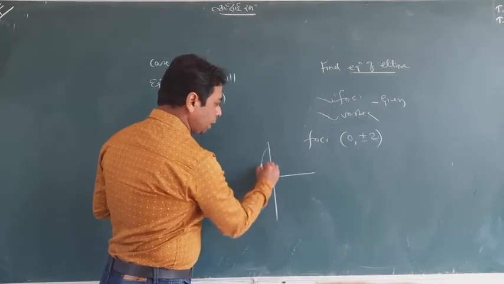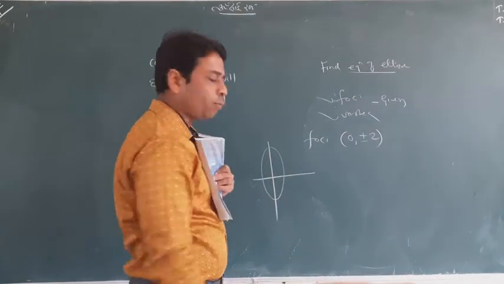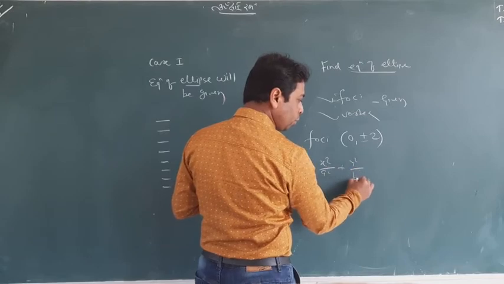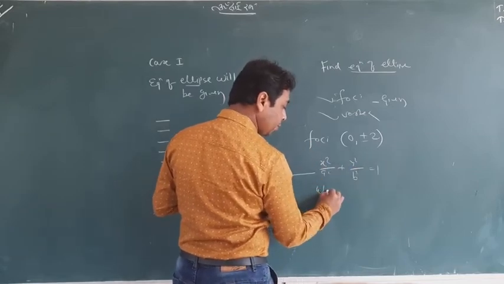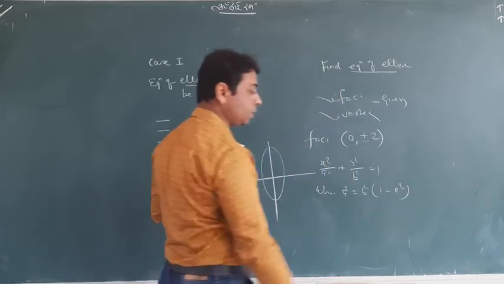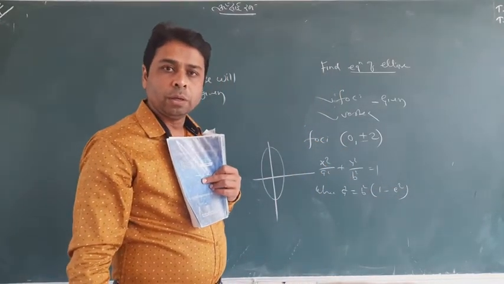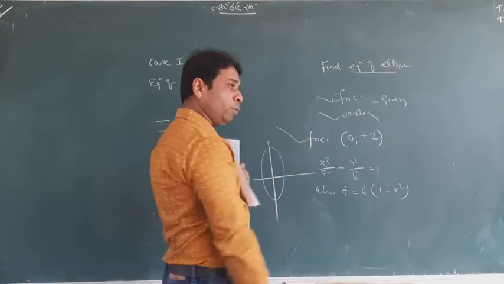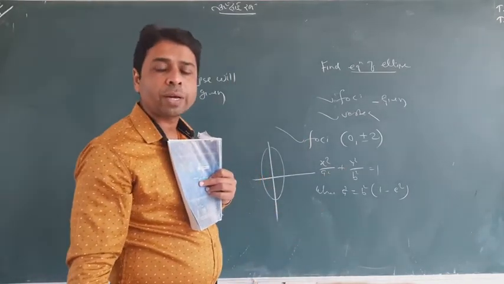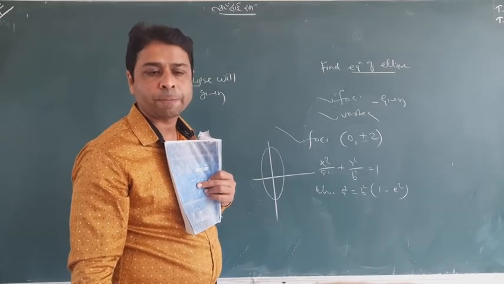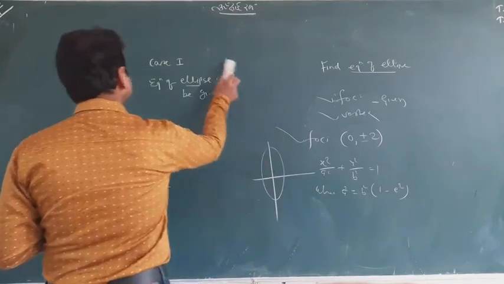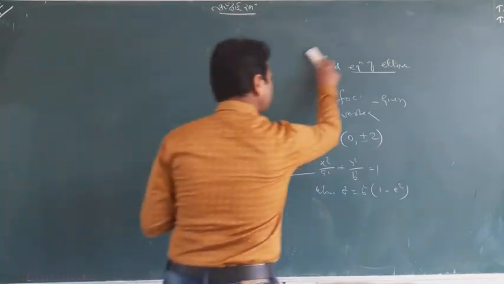Then your ellipse will be x square upon a square plus y square upon b square equal to 1, where a square is b square into 1 minus e square. It will give you an idea which equation to take, along the x-axis or along the y-axis. When the question comes, I will tell you. Don't worry about that.